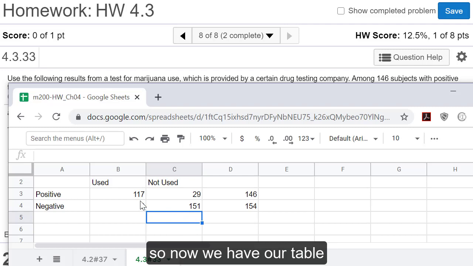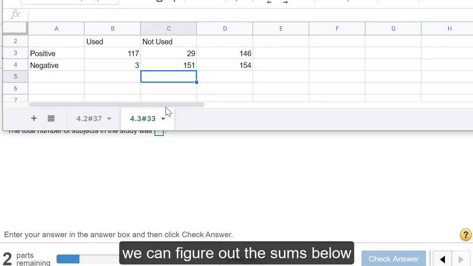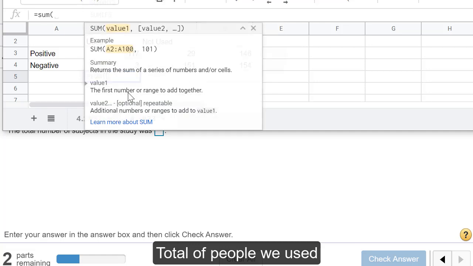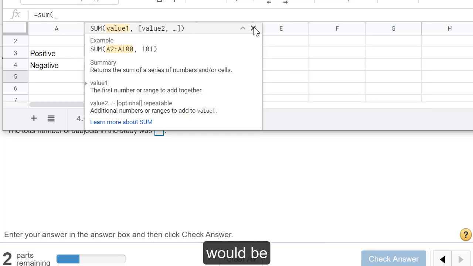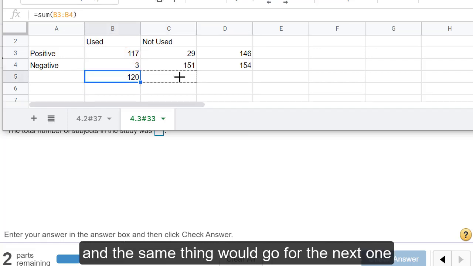So now we have our table. We can figure out the sums below. Total of people who used would be just adding these 2 numbers, and the same thing would go for the next one.